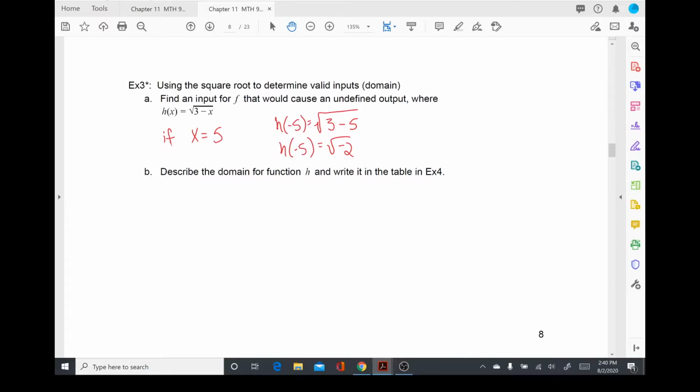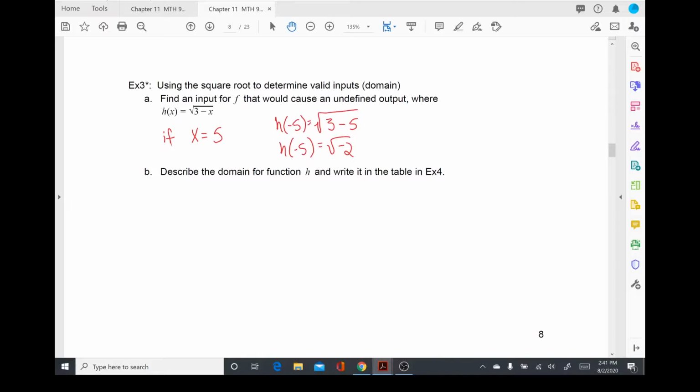So when would that undefined point start is what you want to think about. What's the first square root value that you're allowed? So you know you can take square roots of positives. That's fine. You know you can't take square roots of negatives. So that division between positives and negatives is 0.